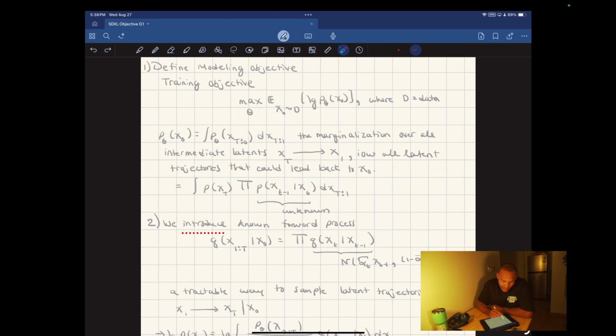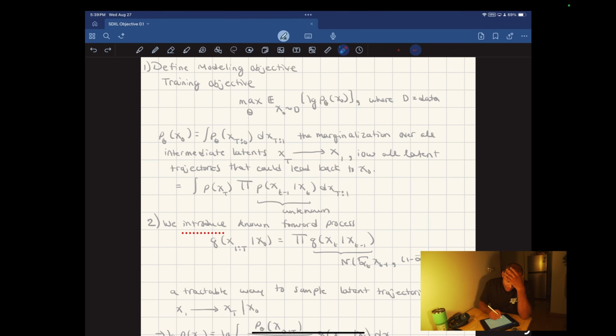The probability of this single data point, which is a flattened image vector, is the marginal probability. Remember, this is a latent model where we have latent noisy images from xT to x1, T being full noise, x1 being the image right before the original image. We want to gradually denoise this image to x naught in order to expose the generated image.